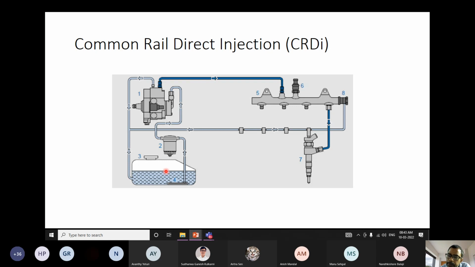So what should the fuel injection pressure be? It can be optimized for a given operating condition of the engine. That is the first important thing. You can note it down. The second thing is when we have to inject: the fuel injection timing, SOI, start of injection, can also be a variable parameter depending on the operating condition of the engine.